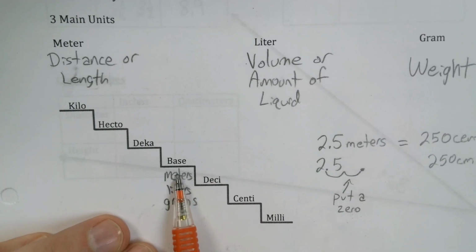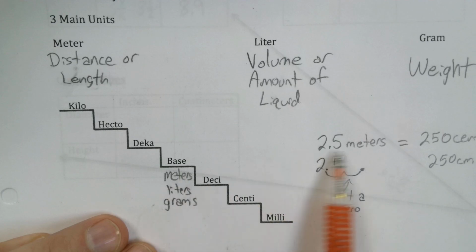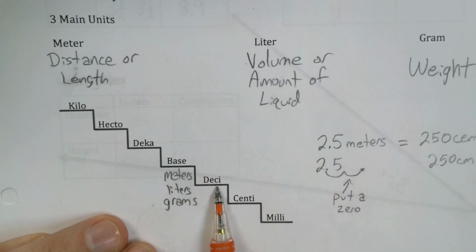So here's meters, and this little staircase is to show how you could do the conversion pretty easily. So meters is here, centimeters is here. So if I want to convert 2.5 meters to centimeters, you literally look to see what direction and how many steps you take. So this is 2 steps, which means you're going to move the decimal 2 times, and you're going to move it right.